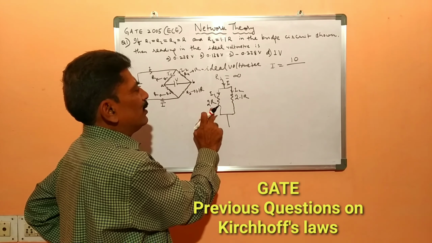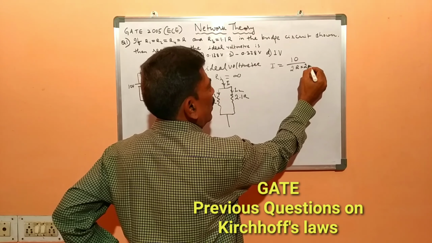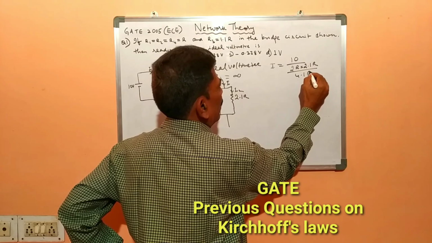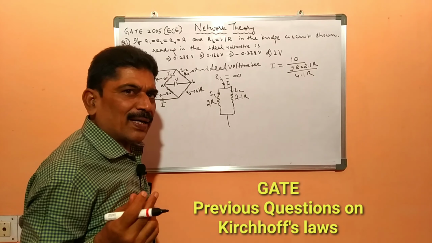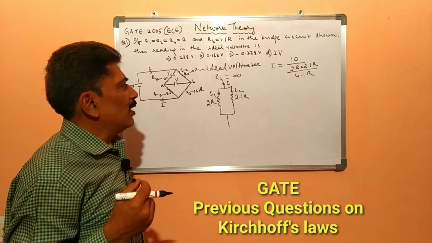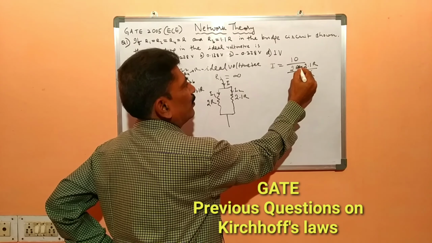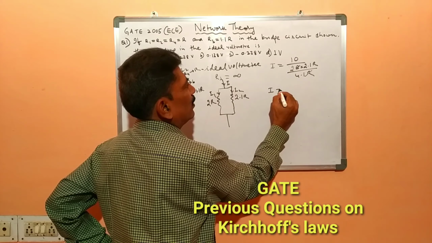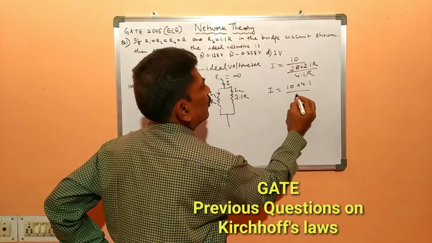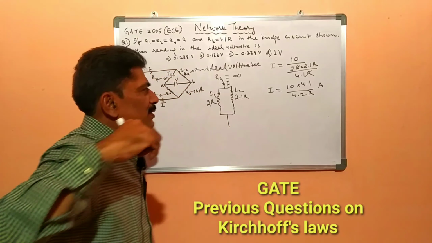Since these two are in parallel, it is 2R into 2.1 R by 4.1 R. When R1 and R2 are in parallel, the resistance is R1 R2 by R1 plus R2; I have used that formula. So I is equal to, R will go off, 10 into 4.1 by 4.2 R amperes. This is the supply current.